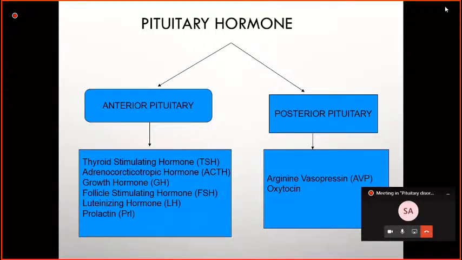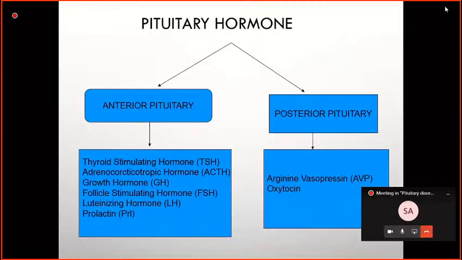When you talk about pituitary disorders, most commonly we are talking about abnormality in the anterior pituitary hormones, namely your TSH, your ACTH, your growth hormone, your gonadotrophs, and your prolactin.